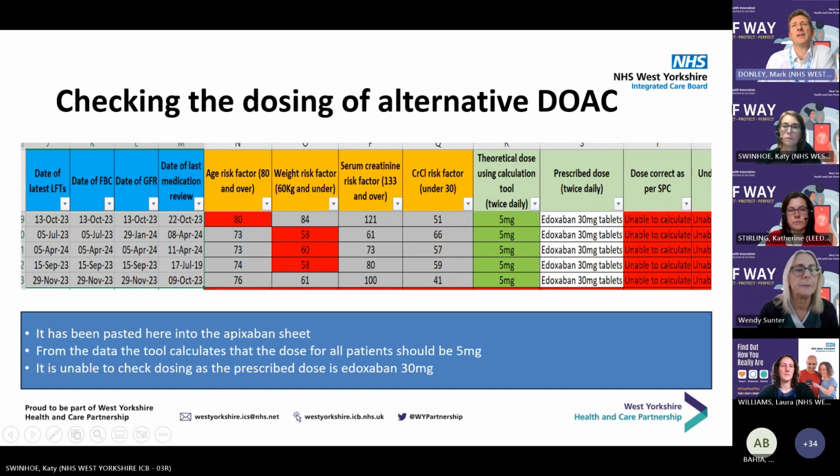So these patients, this was a random sample, actually, I didn't really plan it as such, but they're patients on 30 milligrams of edoxaban, but when you've put that data into the apixaban sheet, it's working out they should be on 5, so they can stay on that higher dose, effectively. So that's just an option that you can do there, just to save some time, rather than getting a calculator out or putting the data back into the clinical system.